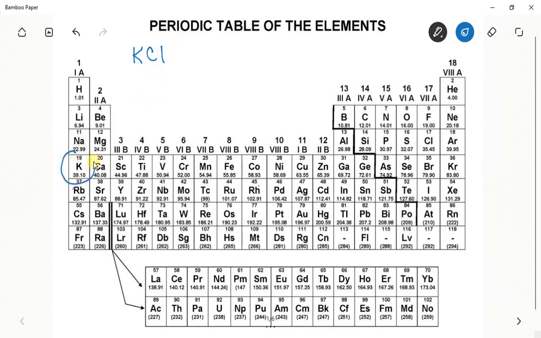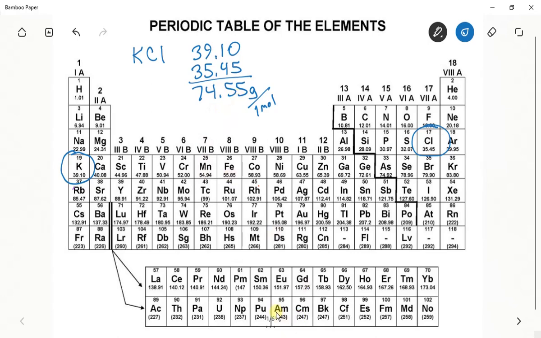So K is over here, that's 39.10, and Cl is over here, that's 35.45. You add them together and you get 74.55. So 74.55 grams is in 1 mole of KCl.